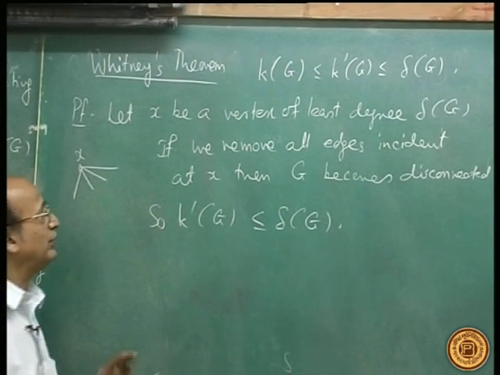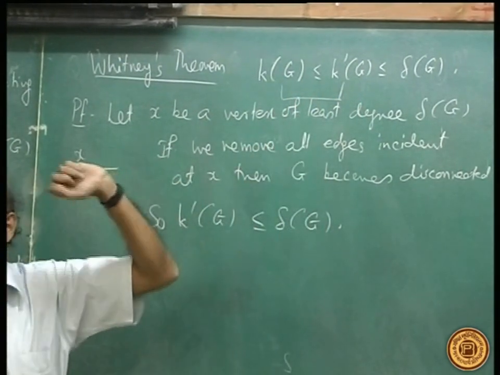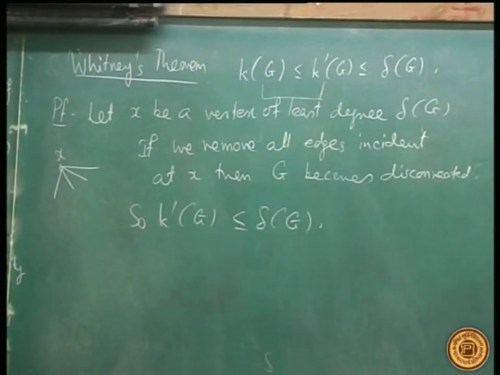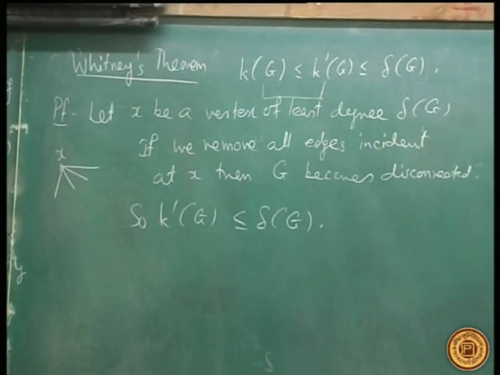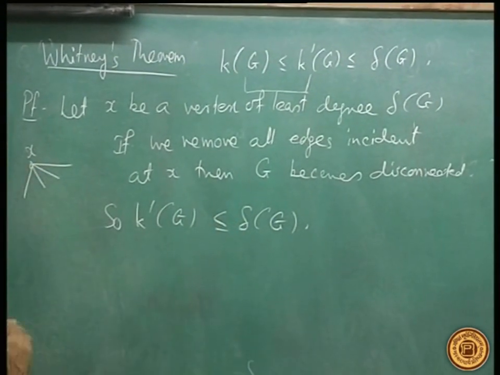What is not obvious is the inequality. More difficult inequality, that the vertex connectivity is less than or equal to the edge connectivity. It requires some work.